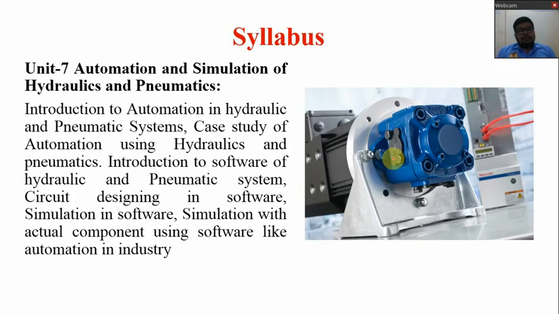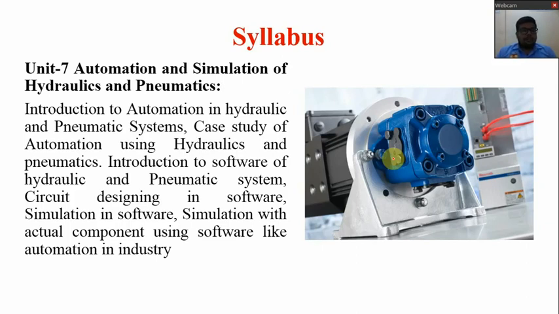The last unit of this subject is unit number 7, that is automation and simulation of hydraulics and pneumatics. Nowadays, automation plays a very important role in almost all fields related to engineering or general purpose fields.